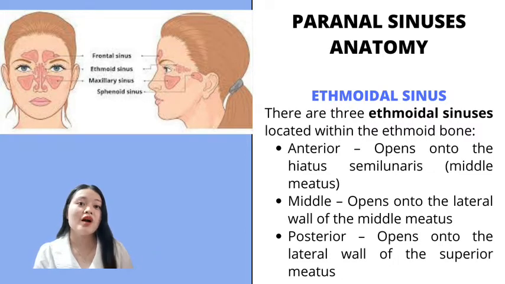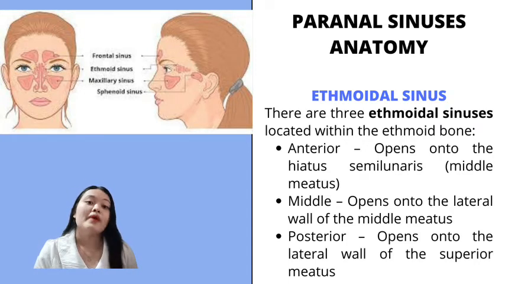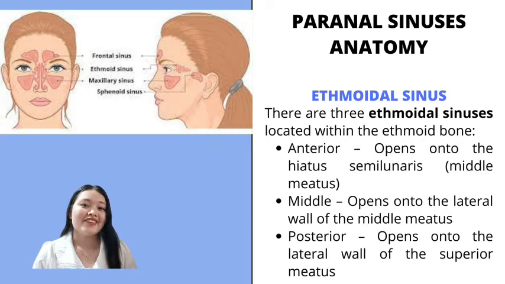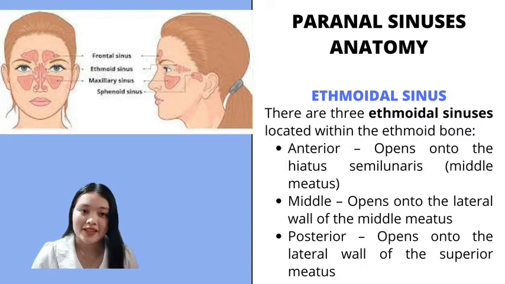Next is the middle, which opens onto the lateral wall of the middle meatus. Next is the posterior. It opens onto the lateral wall of the superior meatus. They are innervated by the anterior and posterior ethmoidal branches of the nasociliary nerve and the maxillary nerve. The anterior and posterior ethmoidal arteries are responsible for arterial supply.